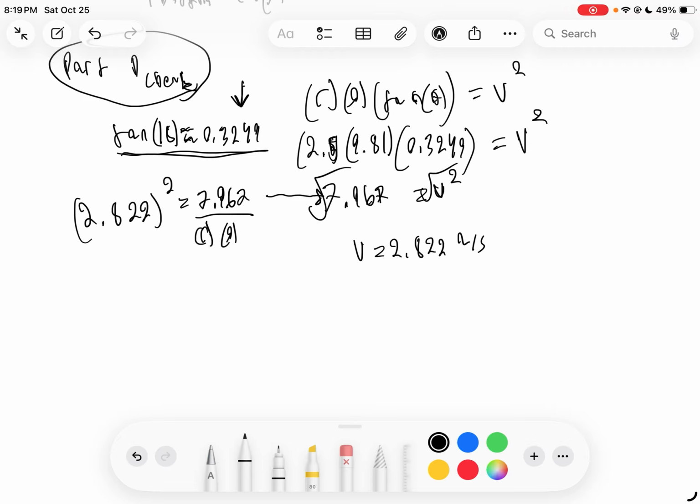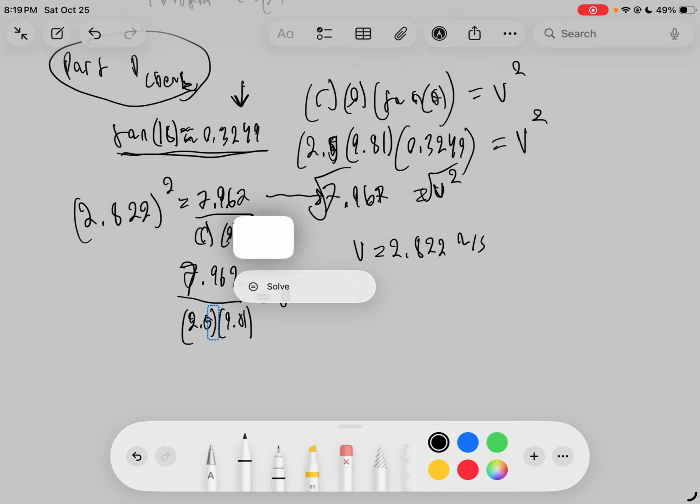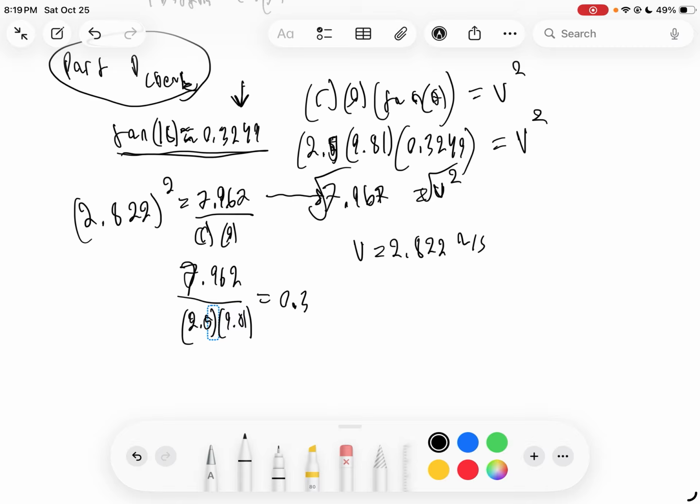So solving this out, we'll end up getting pretty much a very similar value to what was found for the tangent. And depending on rounding, that value could change a little bit. But like I said, if you're using a calculator, I recommend carrying that down.